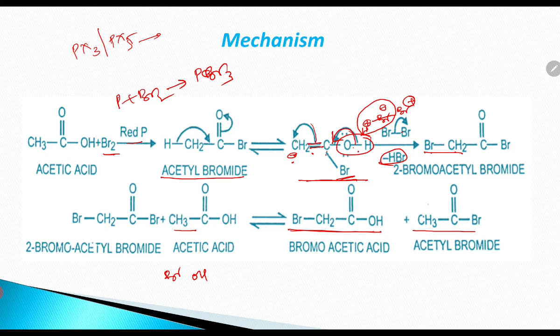So in this way, by using the Hell-Vollhard-Zelinsky reaction, carboxylic acids having alpha hydrogen atoms are converted to alpha halo carboxylic acids. That is, the alpha hydrogen is replaced by a halogen atom.